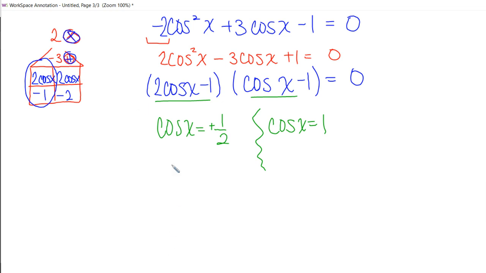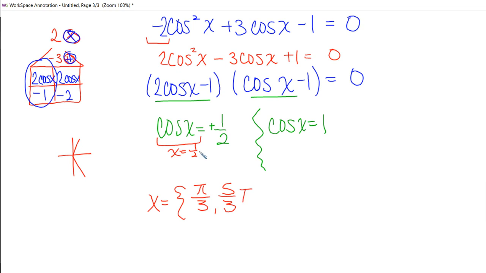Now, this time we're looking for when in my unit circle my x is going to equal 1/2. That means my x has to be positive. Okay, and x is short, which means y is tall. So if y is tall, my x's are going to be over 3. So it'll be pi/3 and 5/3 pi.